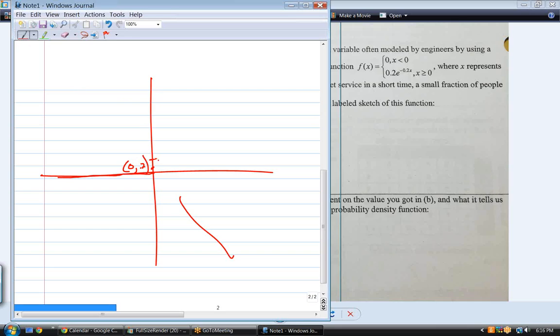And we know that as x goes to infinity, we're going to approach the asymptote like that. Presumably, this is f of x. I don't know what else it would be. That's x. So there's a labeled sketch of this function, best as I can tell.